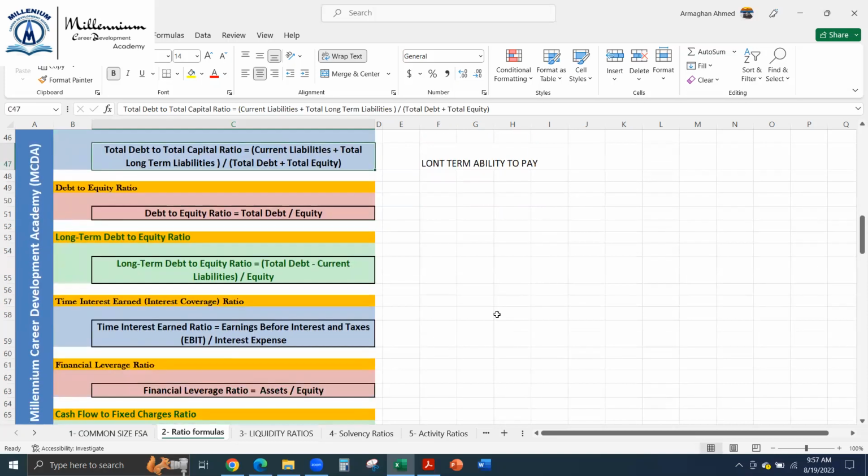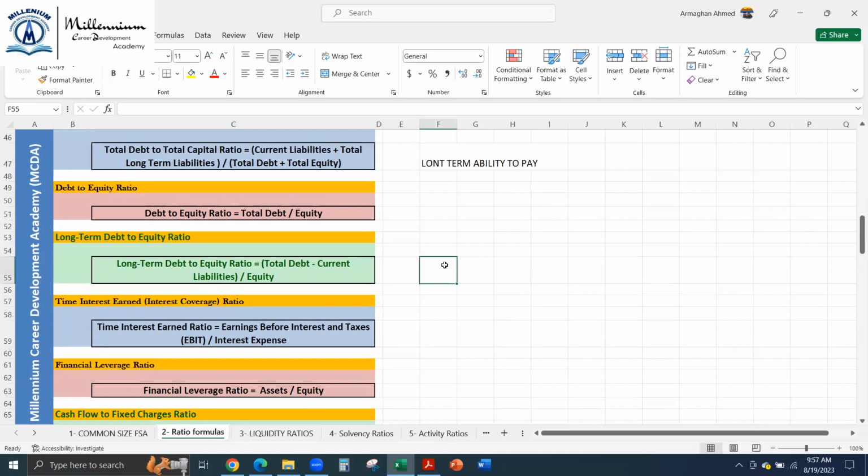We find that out because when a company takes a loan, it has to be able to pay the loan as well as the interest in time, right? Every year the company has to pay the interest.